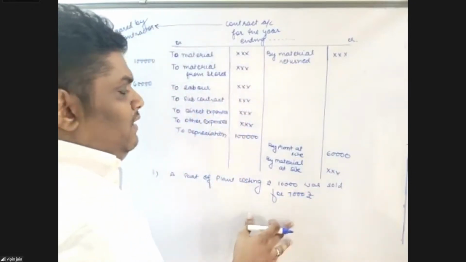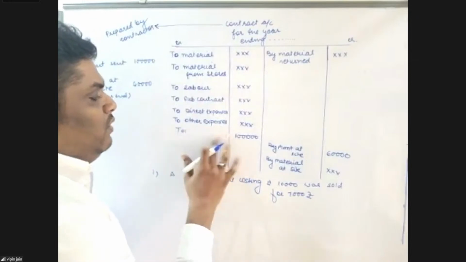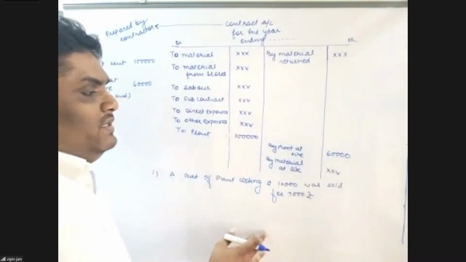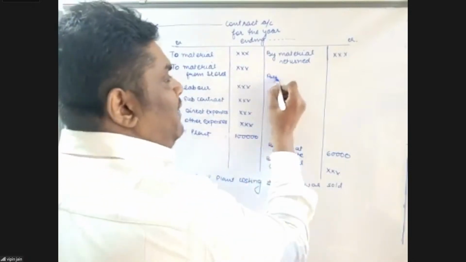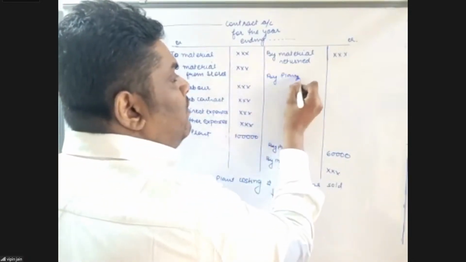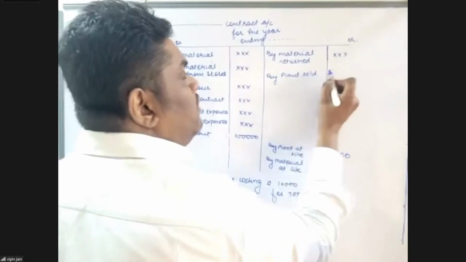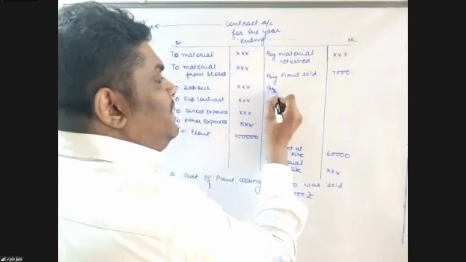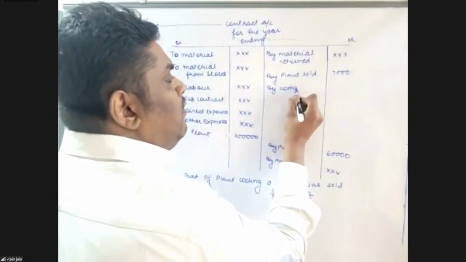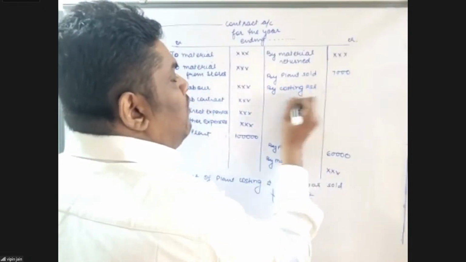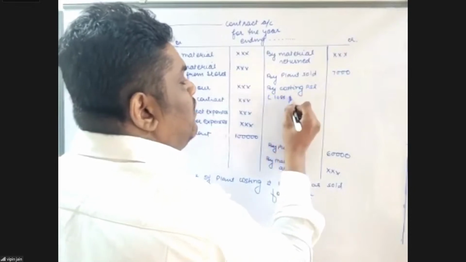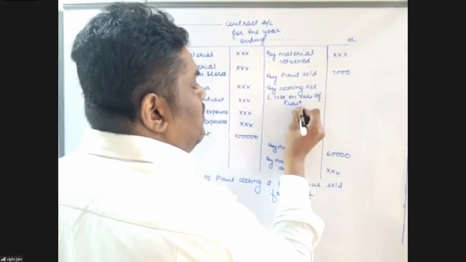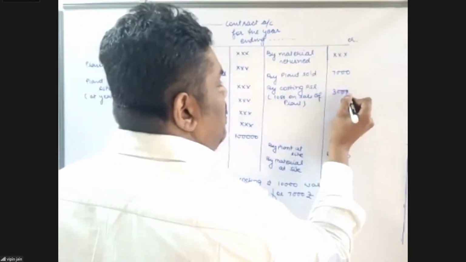So herein we will write to plant 1 lakh, by plant 60,000, by plant sold 7,000, by costing P&L, loss on sale of plant 3,000.